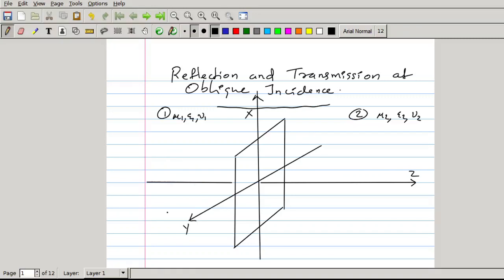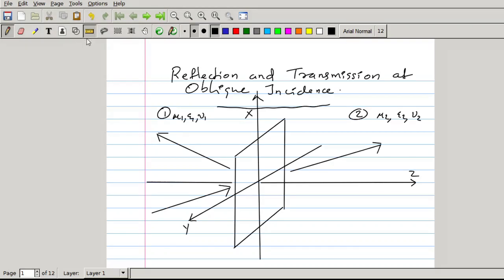Now consider a wave incident obliquely. This is the direction of incidence of the wave, and some part of the wave will be reflected, and some part of the wave will be transmitted through the second medium.